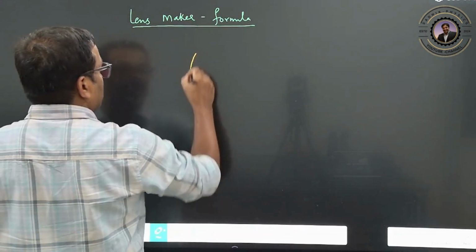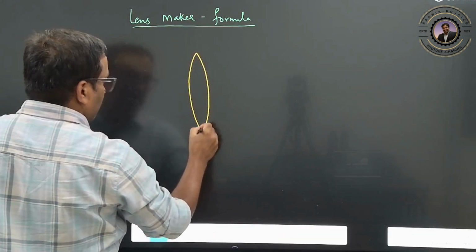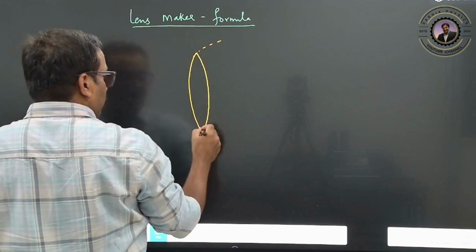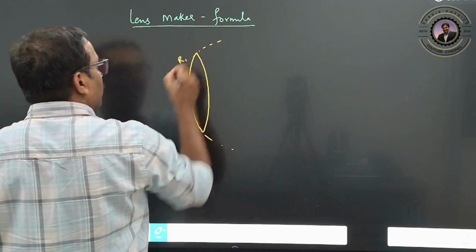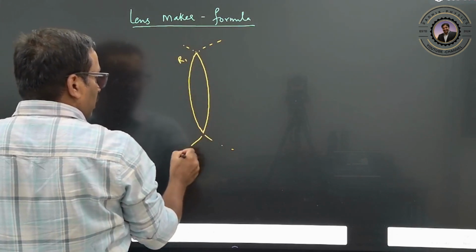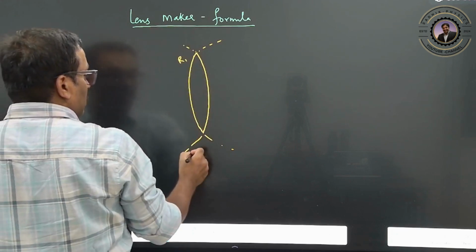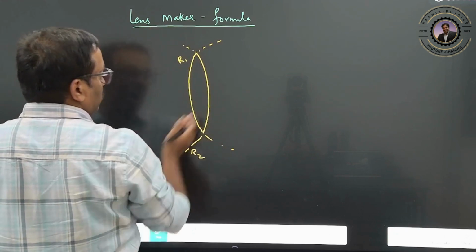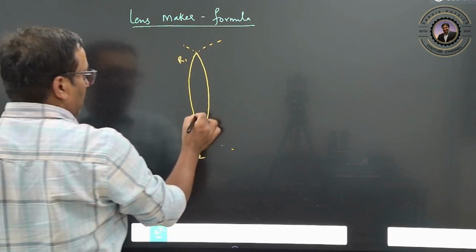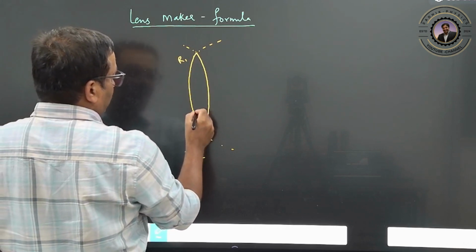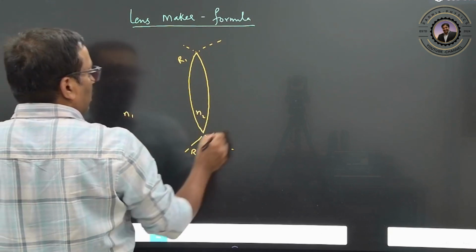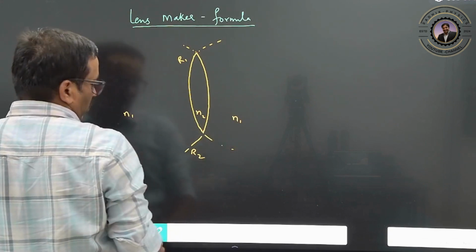Suppose this is a lens. On this side there is one curvature, which if extended has a radius of curvature R1. Another curvature, the second surface, has radius of curvature R2. The lens is made of refractive index N2 and is kept in a medium of refractive index N1.